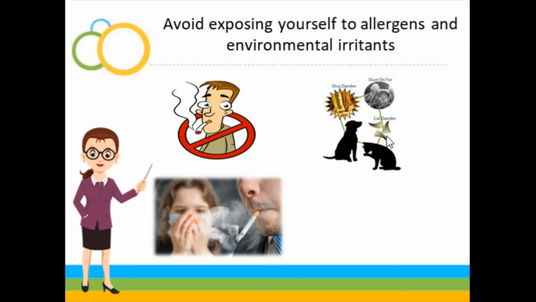The cat dander. Danders means the dust on the fur or the skin of those animals. Stay away from them because it can also harm you. If you have pets in your house, make sure your pets are clean and free from danders.